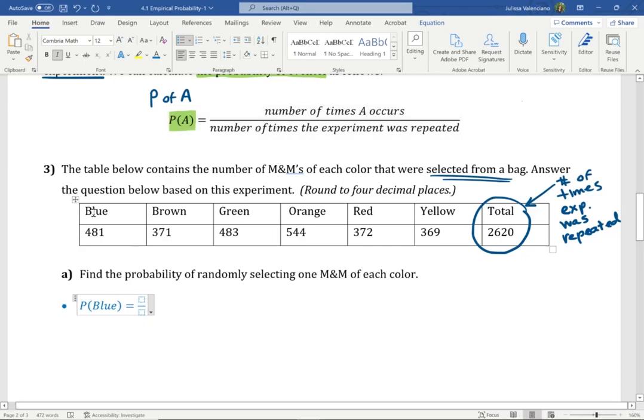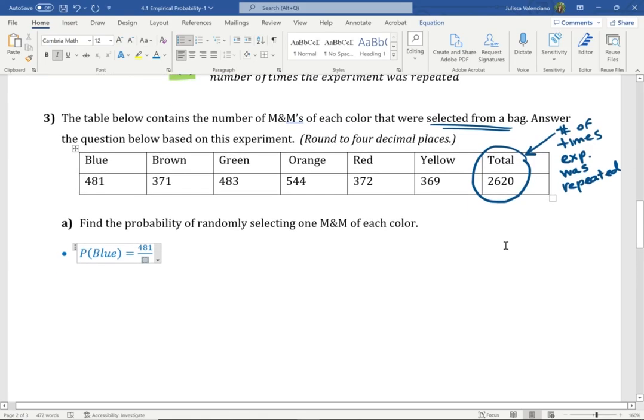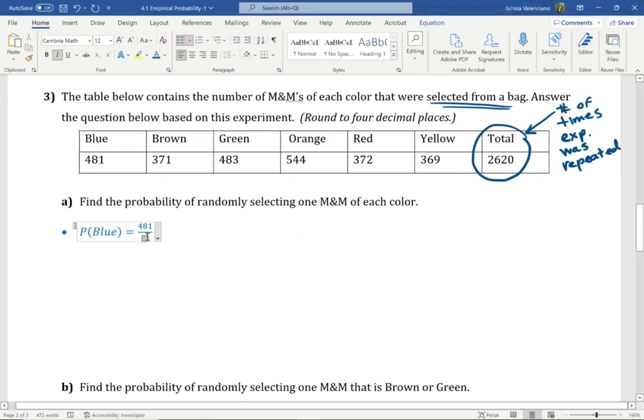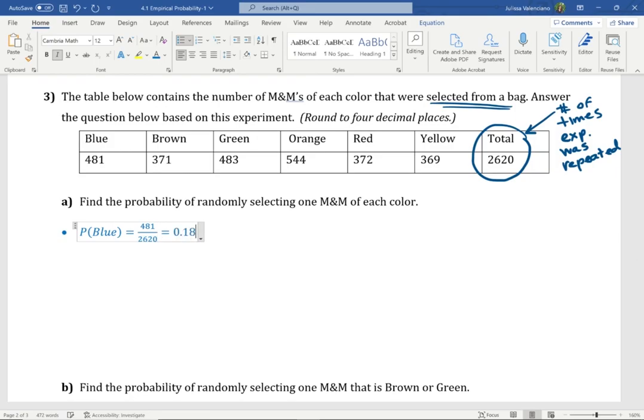We see that the number of times blue can occur is 481, divided by the number of times the experiment was repeated. The experiment was repeated 2,620 times. So here on the denominator, we're going to have 2,620. Go ahead and enter this on your calculator. You should be getting 0.183587786. I'm writing all the values that I'm seeing on my calculator to remind you how to round.